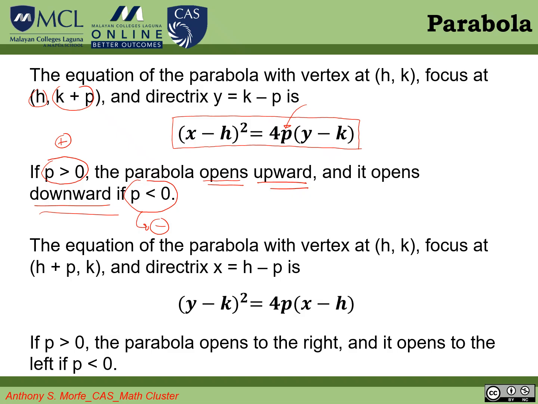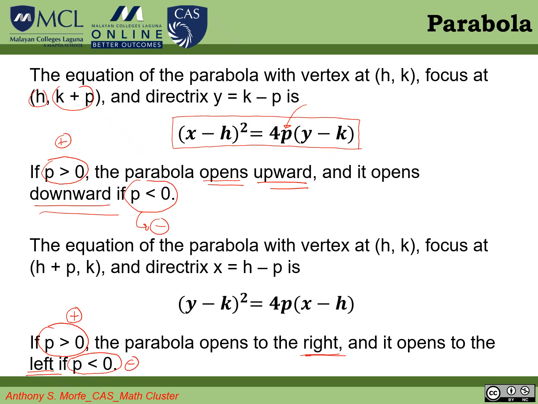So remember, if y is being squared when you expand this, the parabola opens either right or left. It depends, again, on the value of p. If p is positive or greater than 0, then the parabola opens right. Otherwise, if p is negative, then the parabola opens to the left.